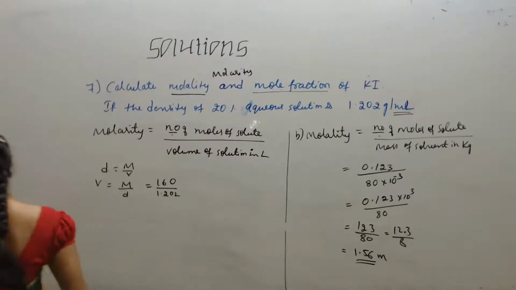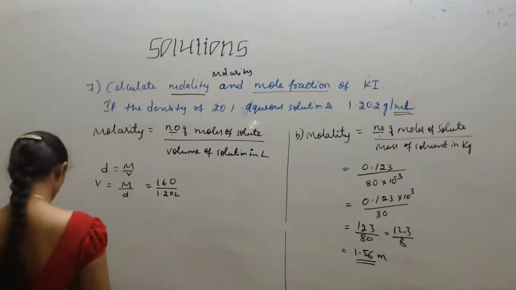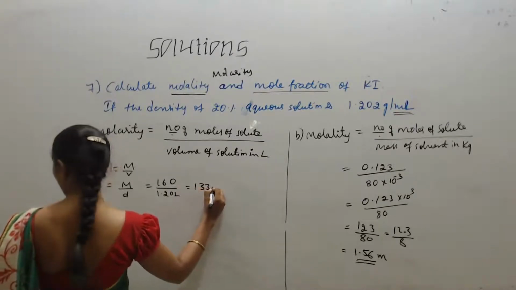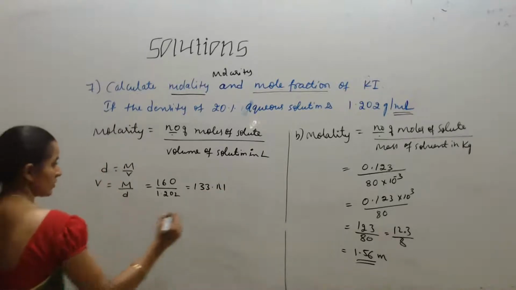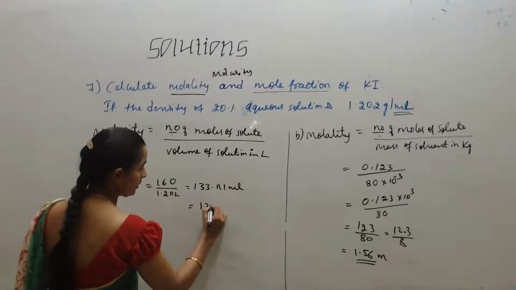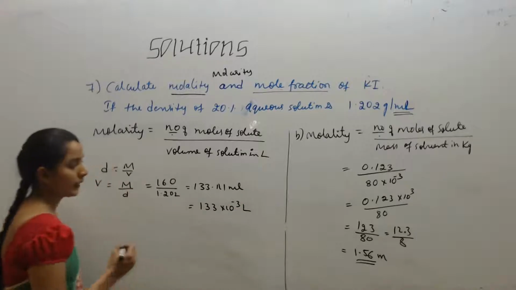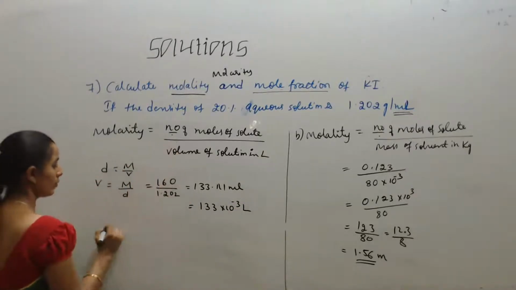If you divide, students, you will get the answer. 133.111, okay, so this much ml. If we convert it to liter, means 133 into 10 to the power of minus 3 liter. Okay, once we got the volume, apply the formula.